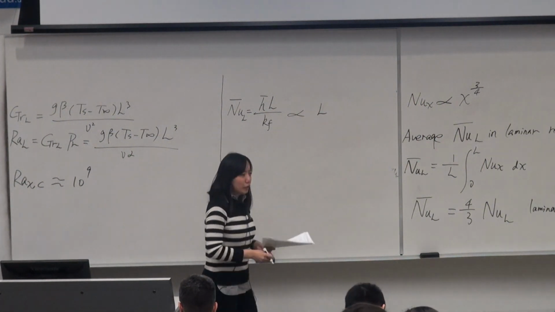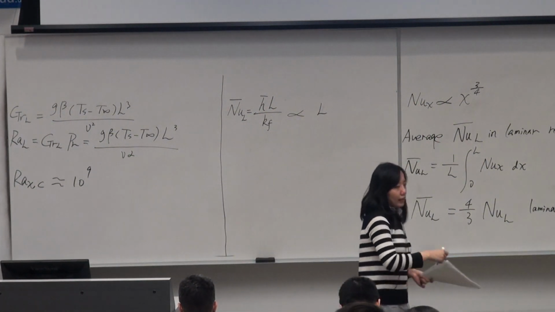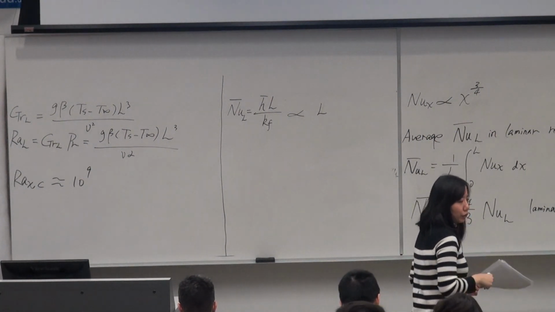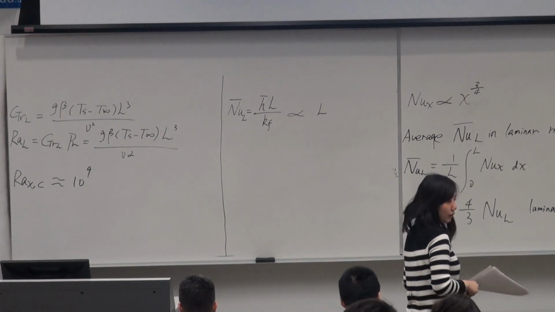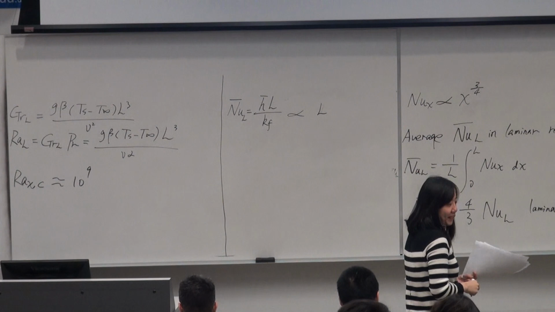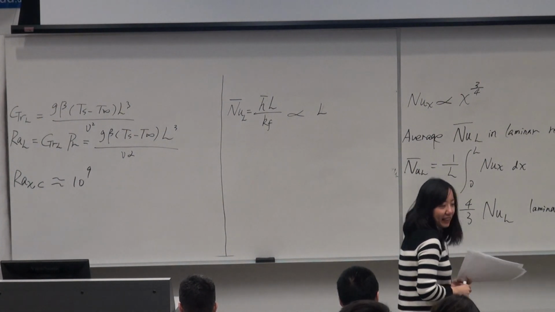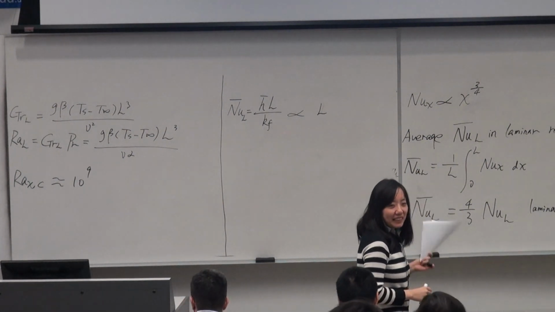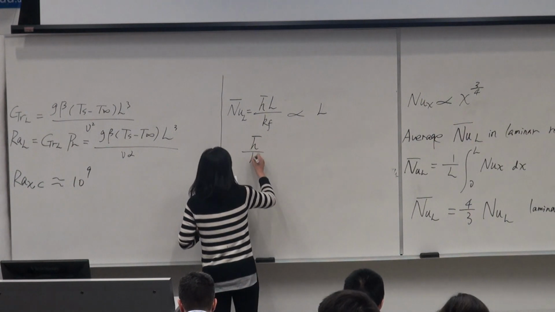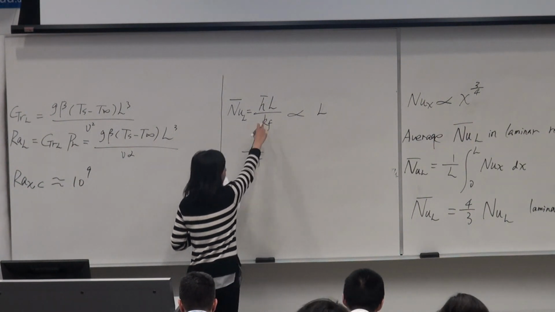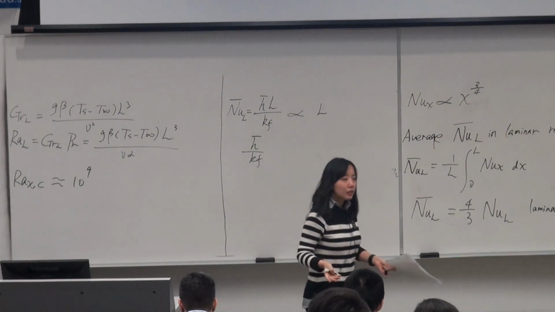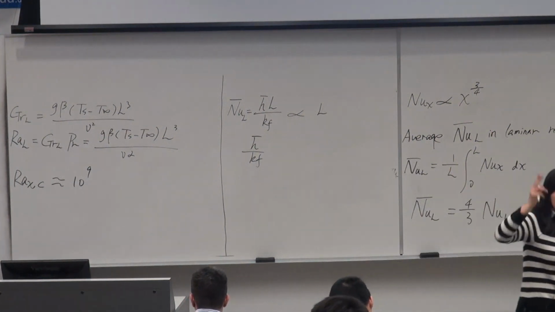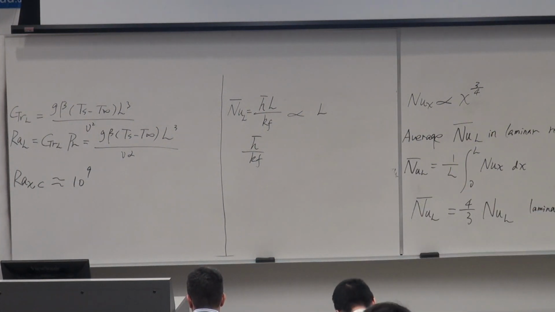If in the turbulent region, as we just discussed, the average Nusselt number is proportional to L, what conclusion can we get from there? The coefficient h is a constant. And if it varied along the length of the plate, how could you give a linear proportionality to the length L, right?